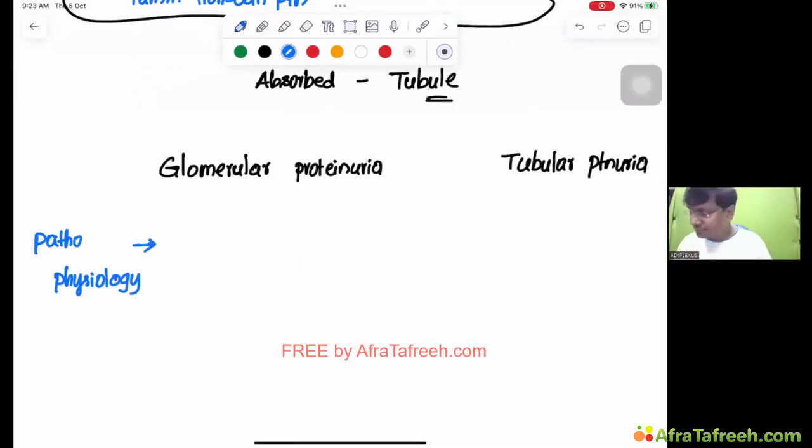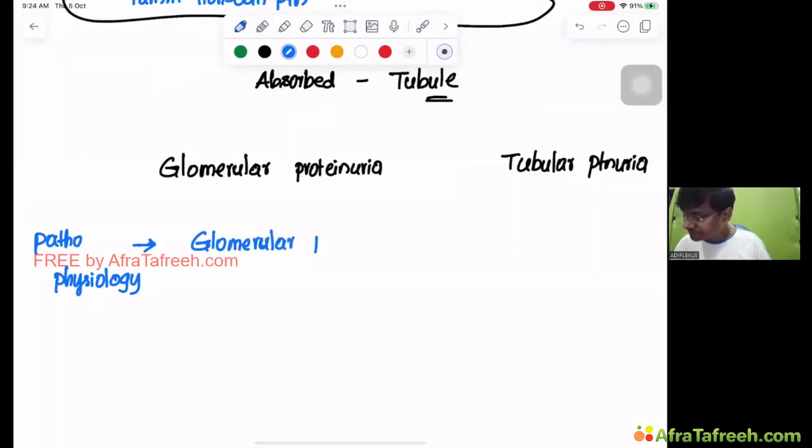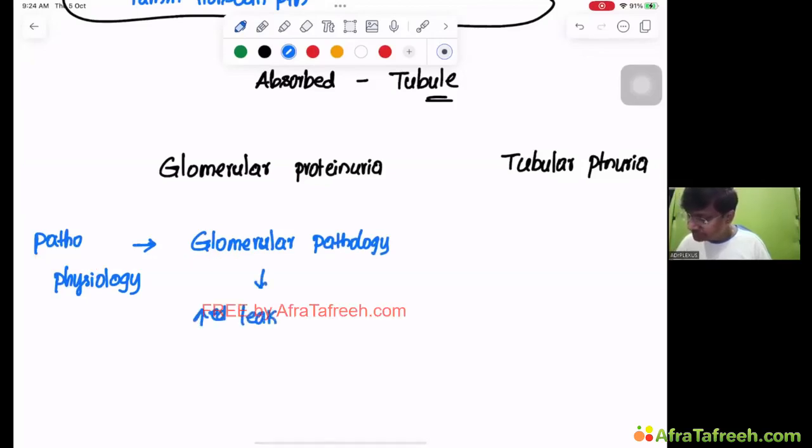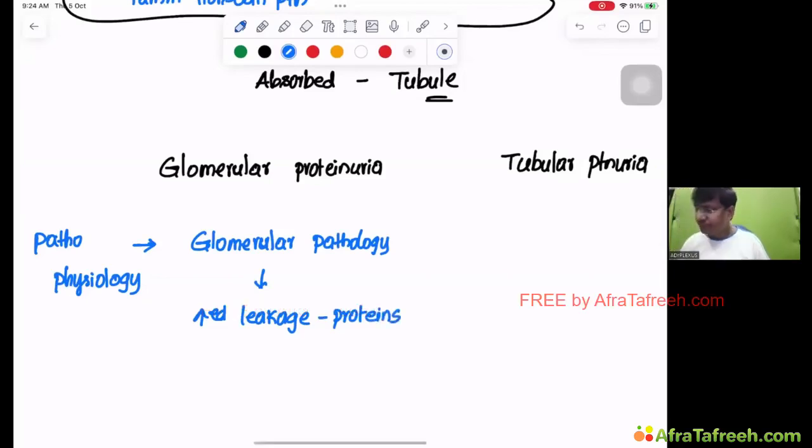Because of the glomerular pathology, there will be increased leakage of proteins.